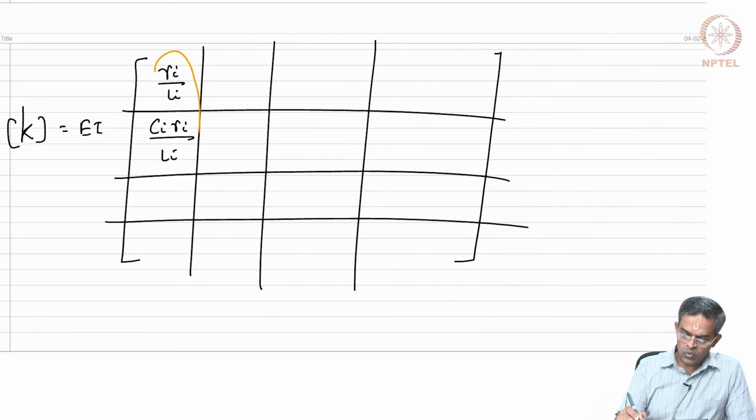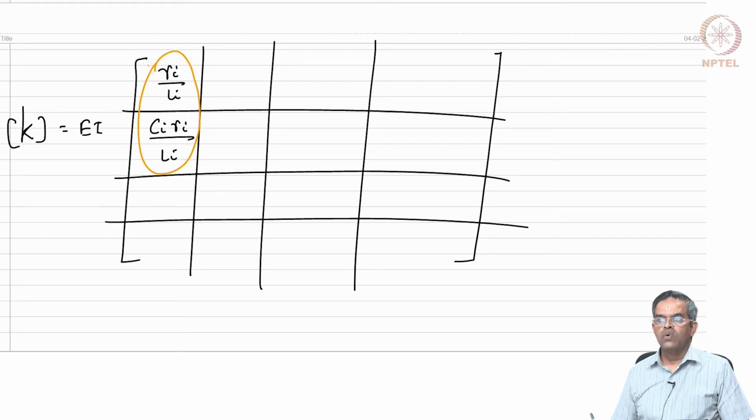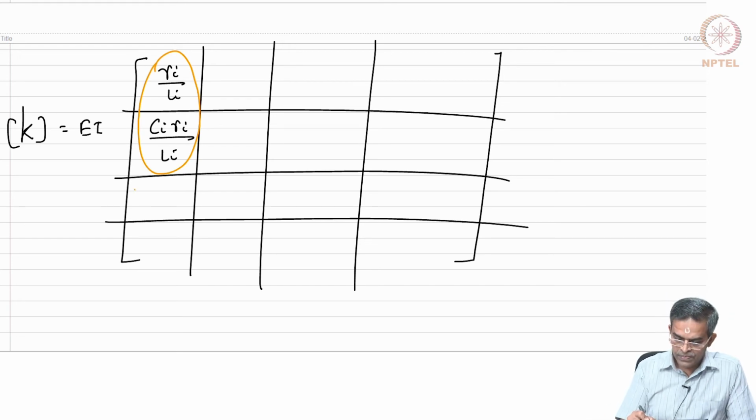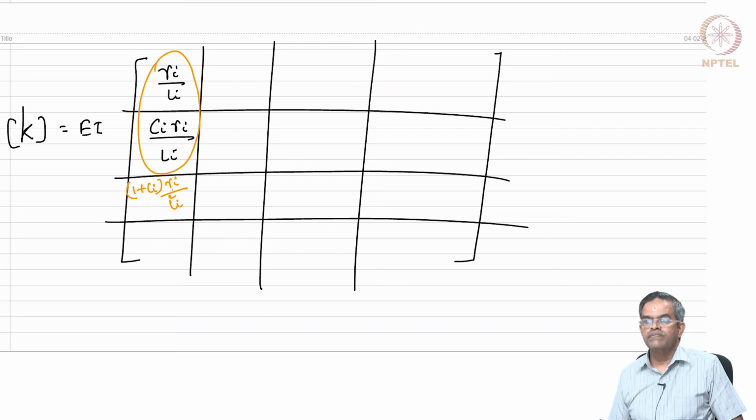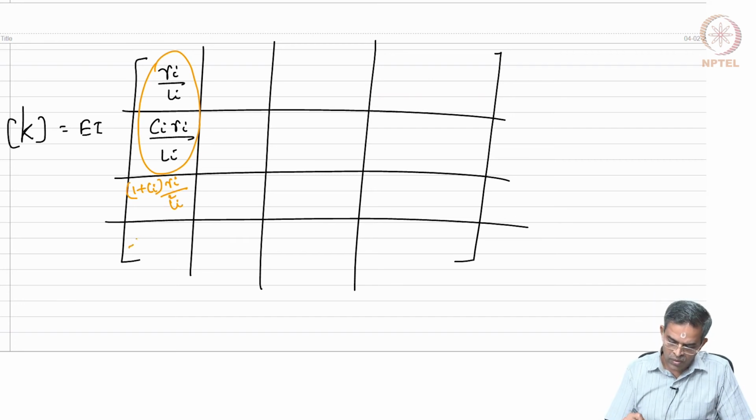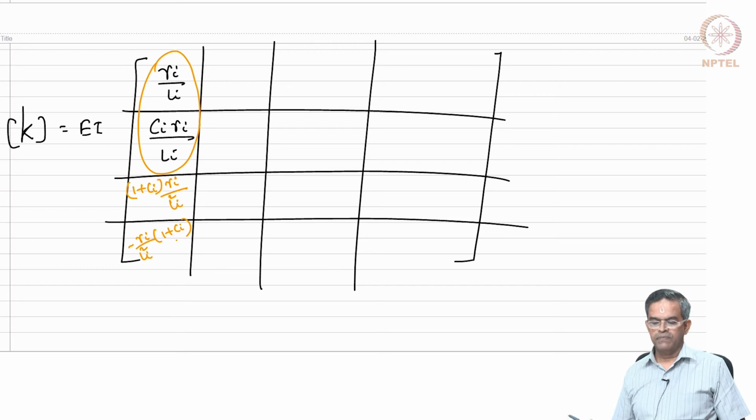Sum of these two by L, that is 1 plus Ci of Ri by Li square, and this is minus of Ri by Li square 1 plus Ci. I am using the same logic.